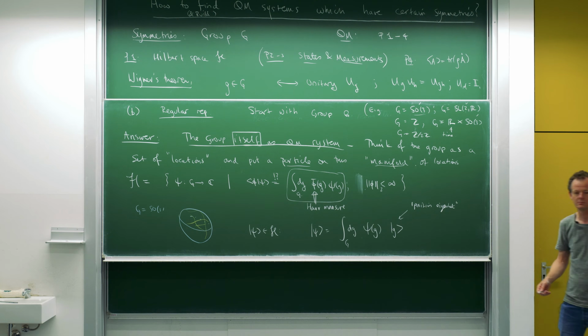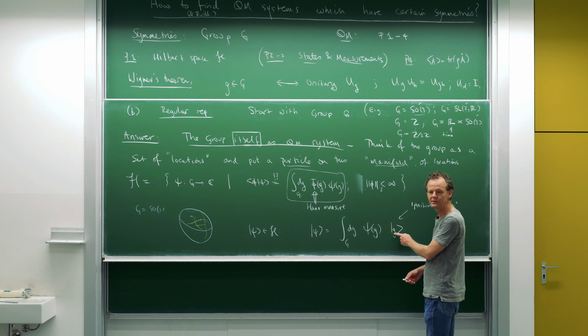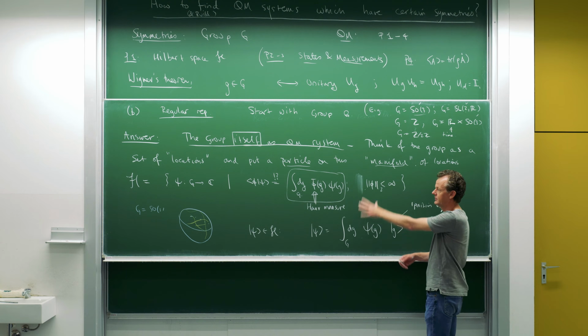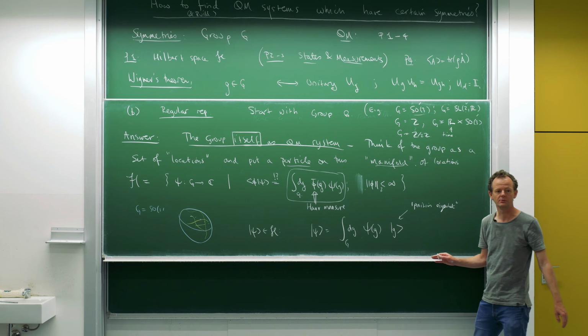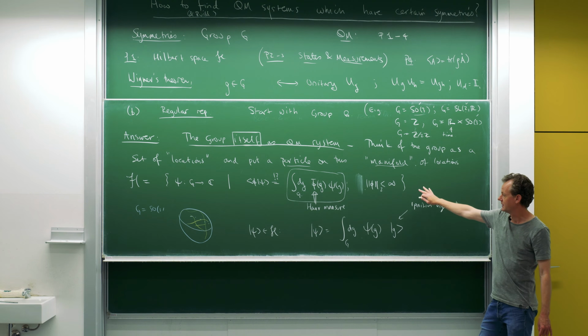Position eigenket. So that's like the particle is focused on that point in the group and nowhere else, like a Dirac delta function. So these things, I'm not going to define this mathematically, it would take longer to do that, but I think on a physical intuitive level you should be able to get a sense of what I'm saying.